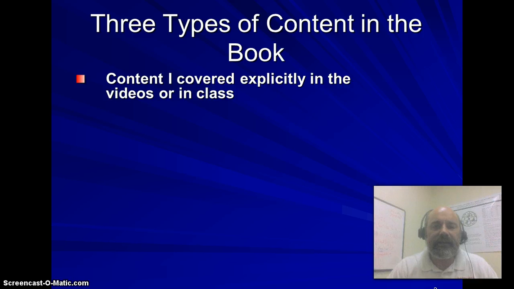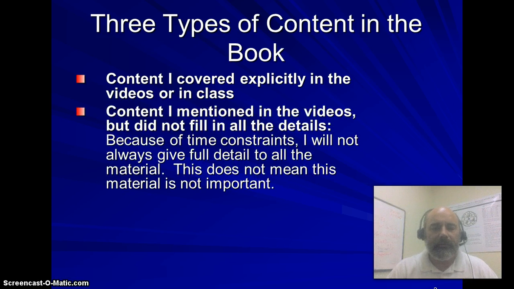There's going to be three types of content that you will find in the book. There's going to be things that I have covered, that I have discussed explicitly and given a lot of detail to in the videos or in class. There are going to be other places where you'll read through the textbook and notice that this is something that I mentioned, maybe in passing, maybe gave some brief detail to, but not full detail.